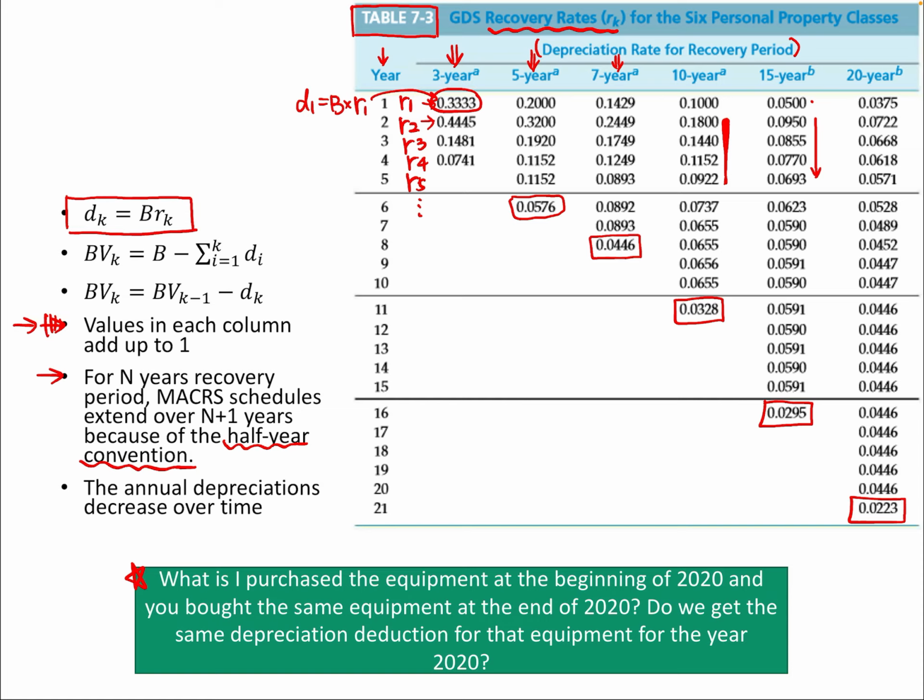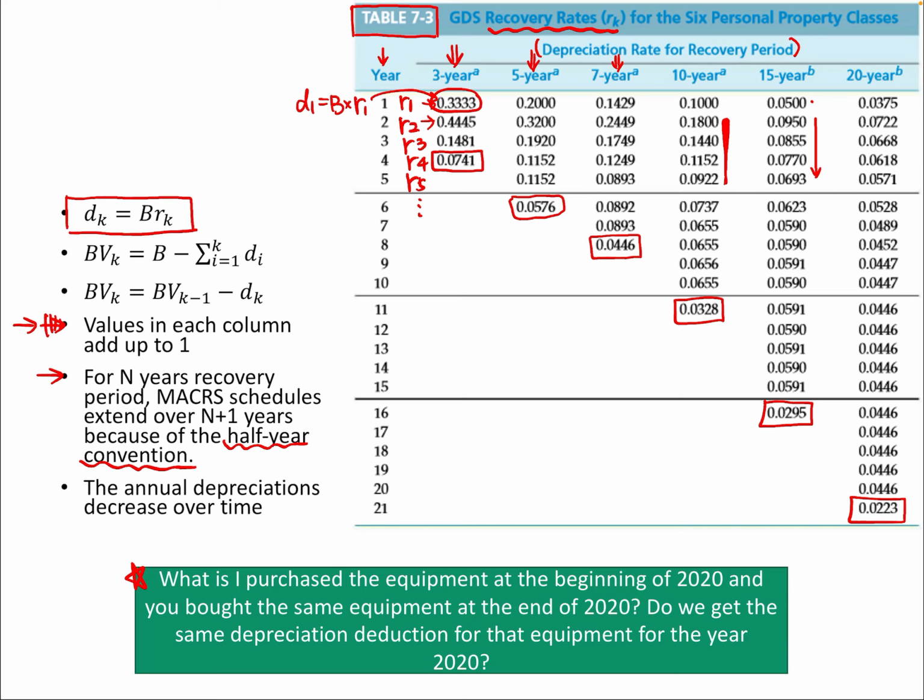Then what about the other half year value? For those who bought the equipment or asset at the beginning of that year and lost that half-year depreciation, the IRS will have some number to make it up. How? Well, that is why we have an additional row for each column in this table. For example, for the 3-year column, the R4 is just a tiny bit, right?